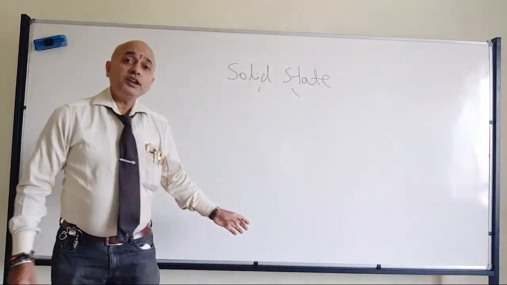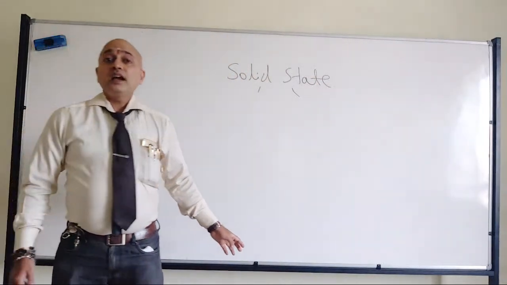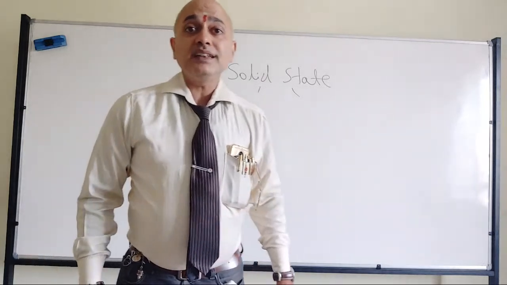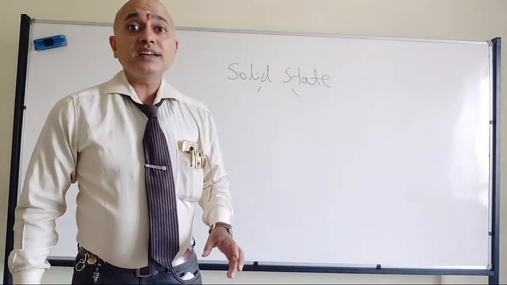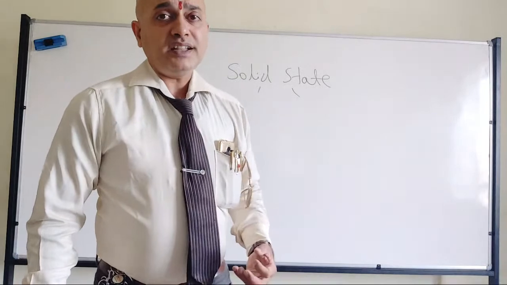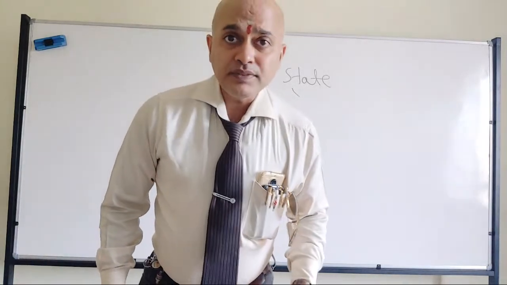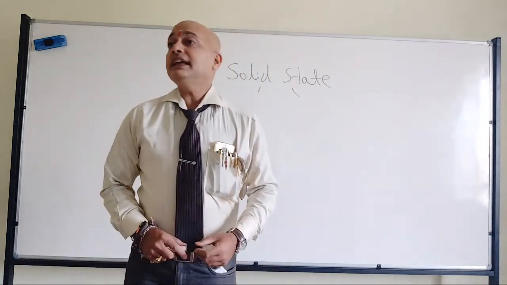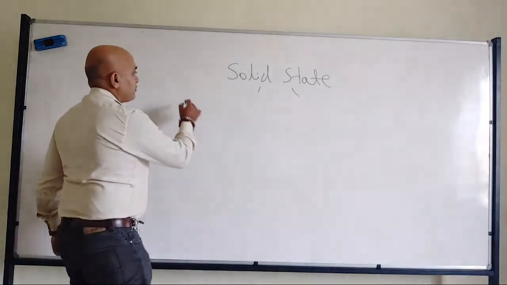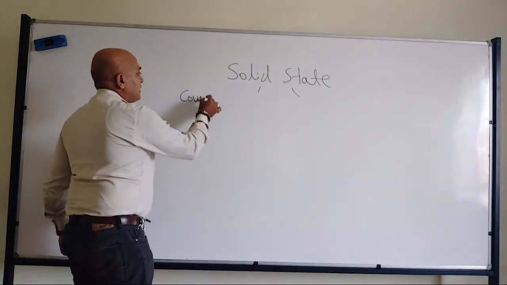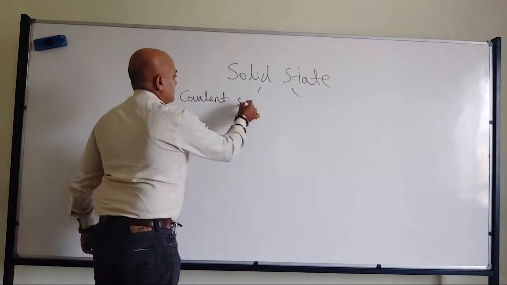Another important property of ionic solids is that they are brittle in nature, and I told the reason why. That is what we discussed in the last class. Now we are going to discuss covalent solids.